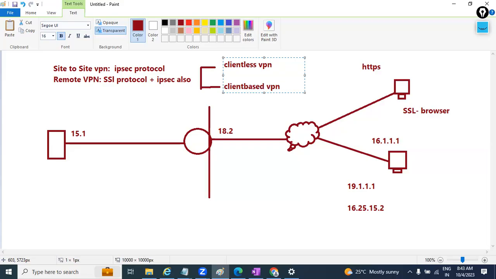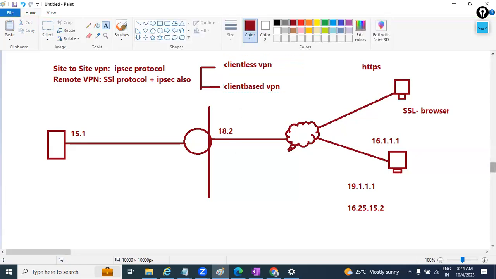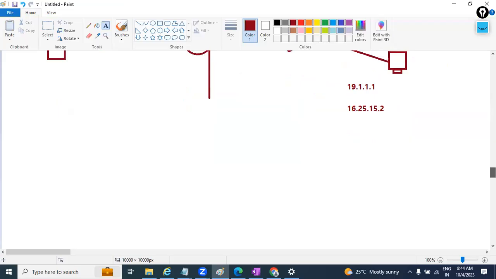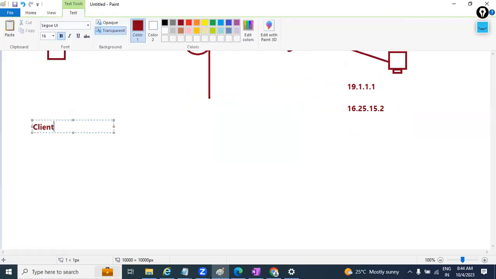The remote VPN has two types: one is clientless and the second is client-based. Clientless VPN is known as browser-based, web-based, and along with this, proxy-based VPN.